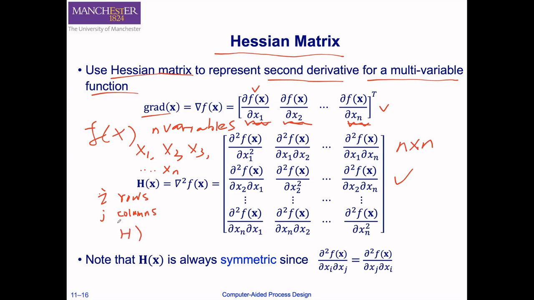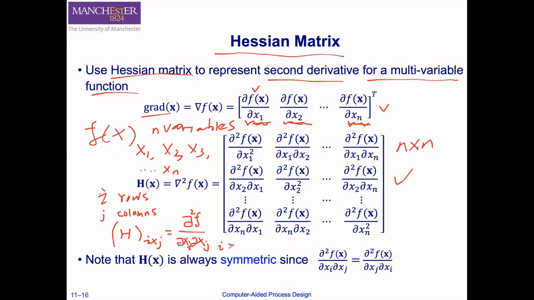Then the entry in the ith row and the jth column of this Hessian matrix is equal to the second partial derivative of function f(x) with respect to xj first and then xi.